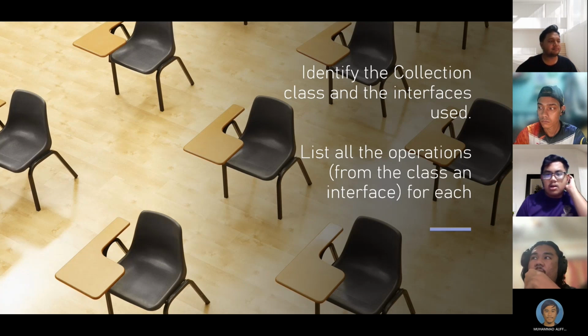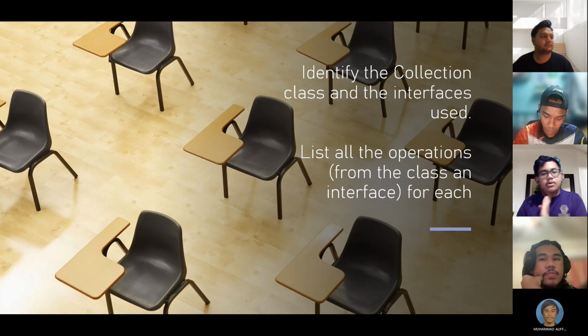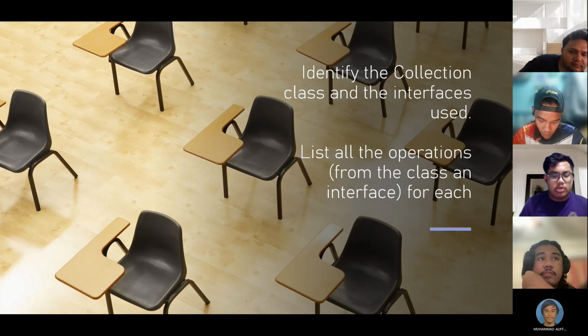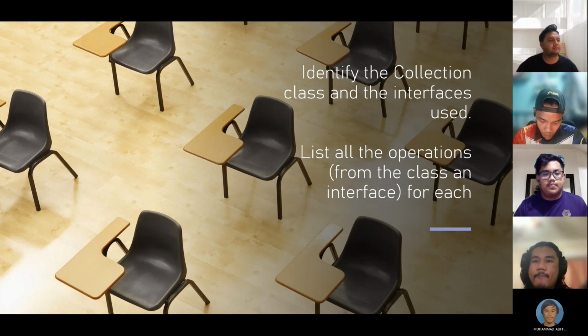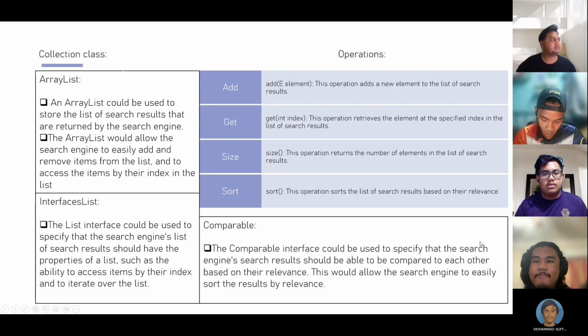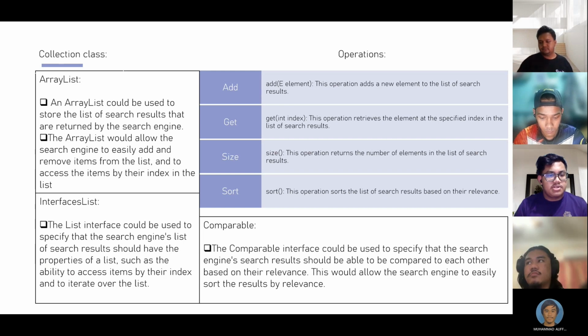Okay, I will present the collection class and the interface used for the Google search query. Next slide. Next. Okay, for the collection class, Google uses ArrayList because the ArrayList can store the list of search results that are returned by the search engine.